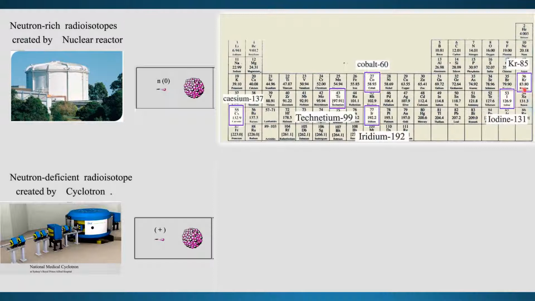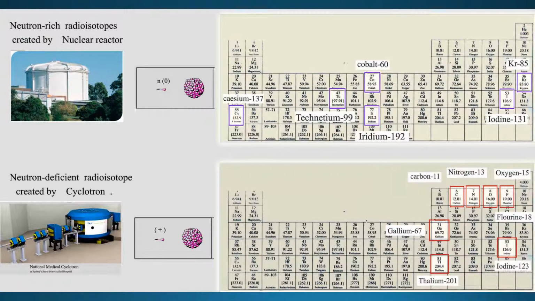Kr 83. You got Kr 85. Too many neutrons. Iodine should be 126, stable. Now you got 131, extra neutrons. So those radioactive isotopes are neutron rich, too many neutrons, and unstable.